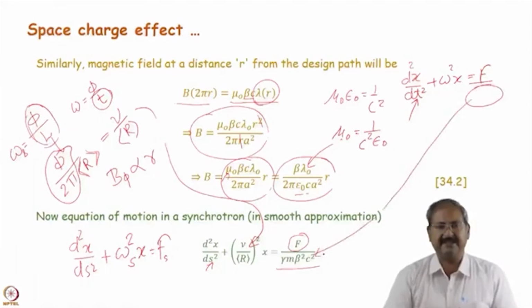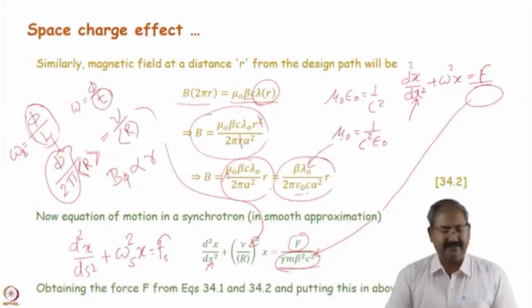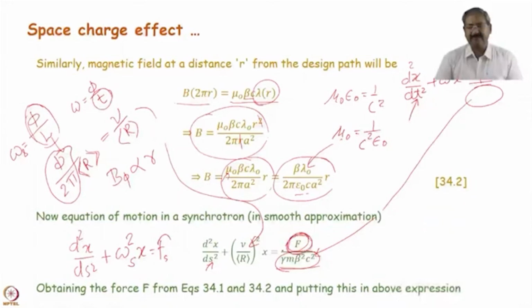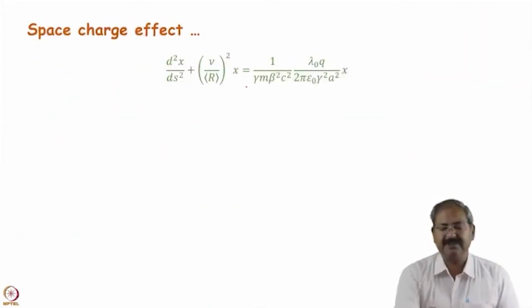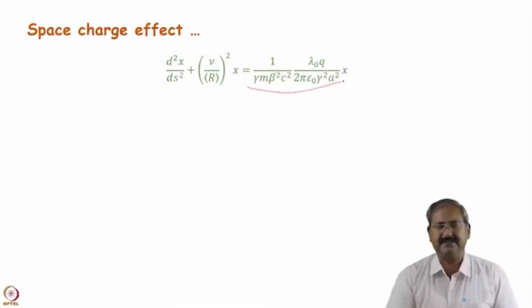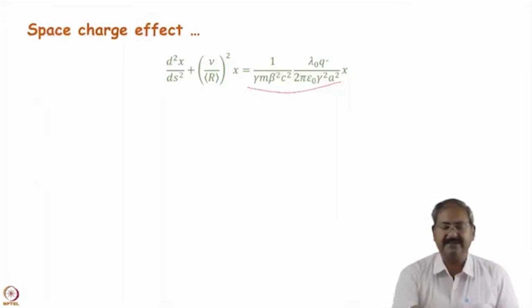This is left as an exercise to produce this denominator. Now, at the place of F, we will put the force due to electric and magnetic field which we have obtained. When we put it, this is simple algebra. Just put the numbers from previous equations into this equation and you will get this kind of thing. This is the force.